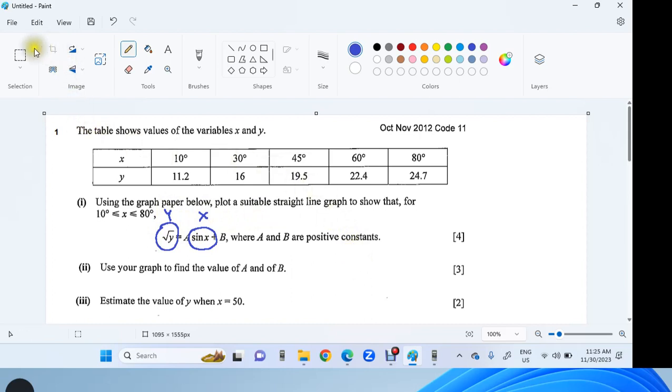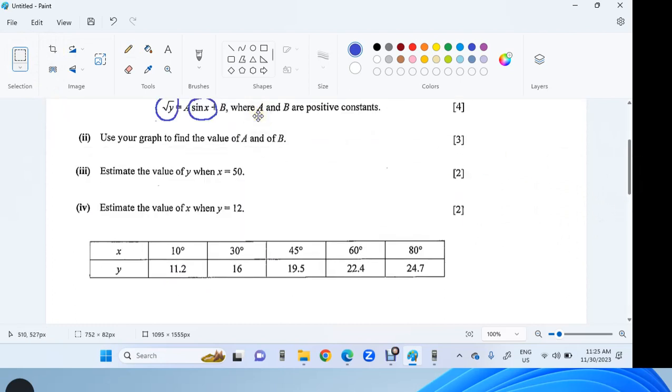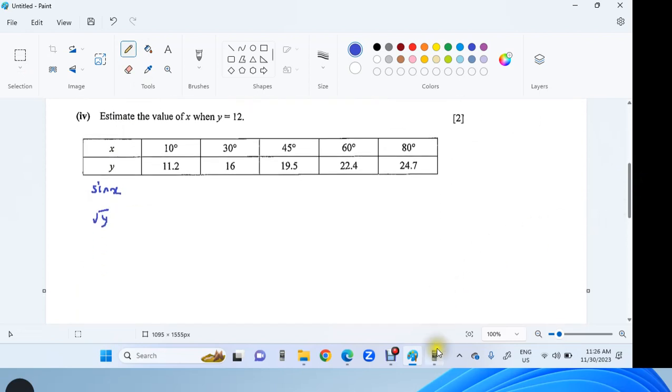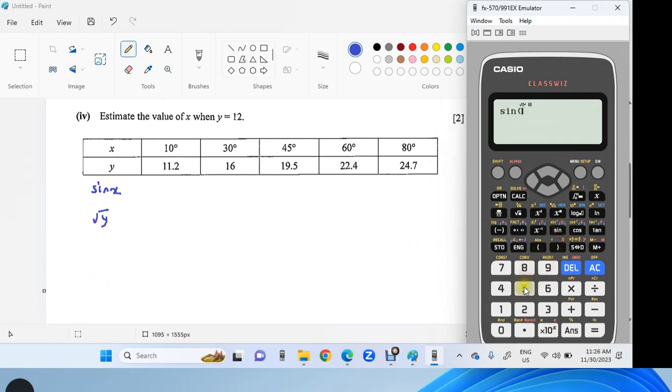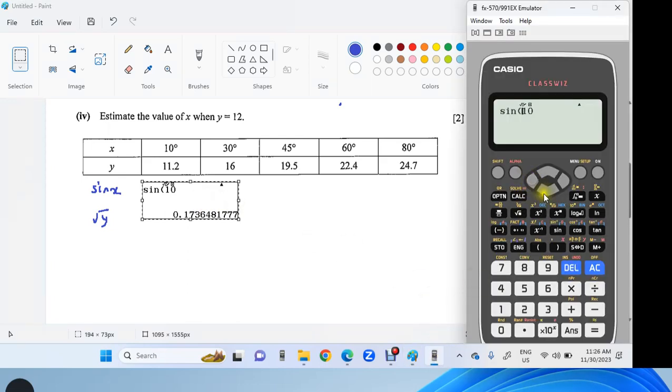So the table that they give to us is x and y. What we need to do is make a new table that is sine x and square root y. So we have the sine 10, then this is the value, and then sine 30, then this is the value.